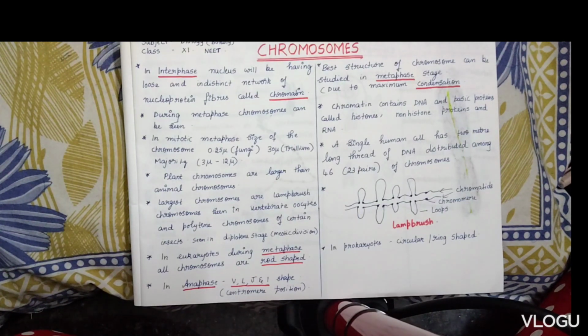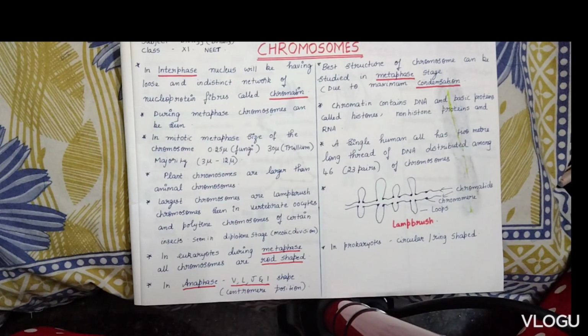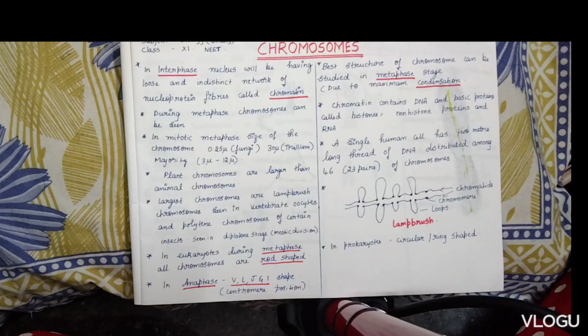In mitotic metaphase, the size of chromosomes varies from one organism to another. A few examples are important: the size of chromosomes of fungi is 0.25 microns. Plant chromosomes are larger than animal chromosomes.